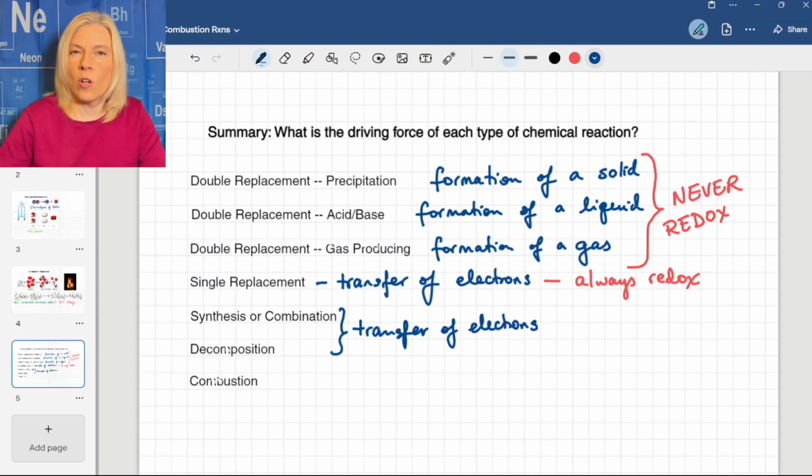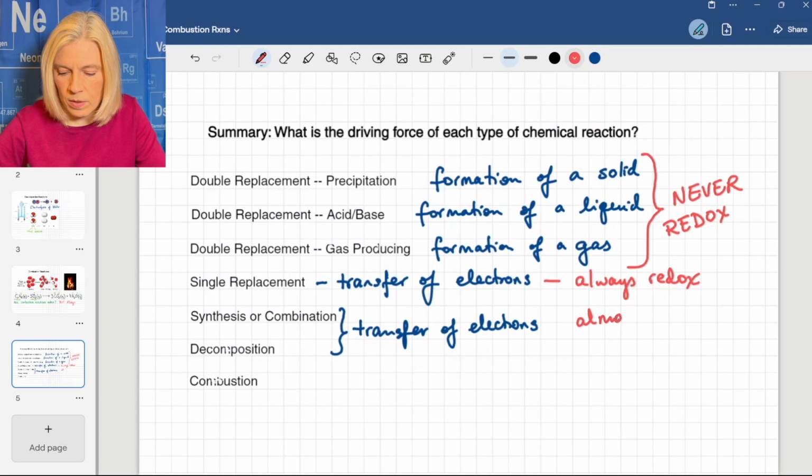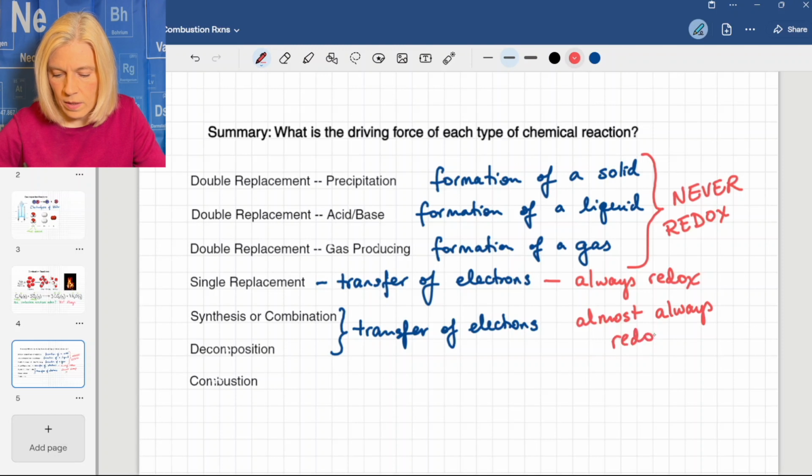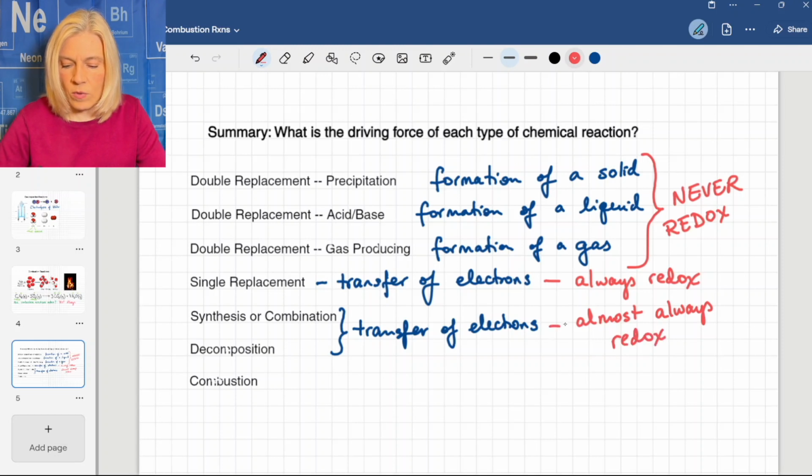But they are almost always redox. Not always. So I'm going to say almost always. And if they are not redox, that will be then formation of a solid, liquid, or gas. That will be the driving force for those of them that are not redox.